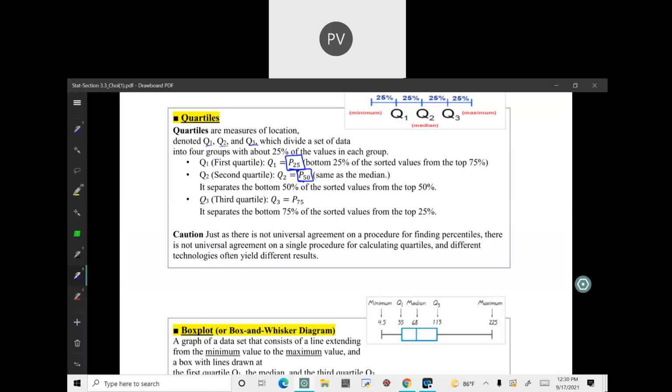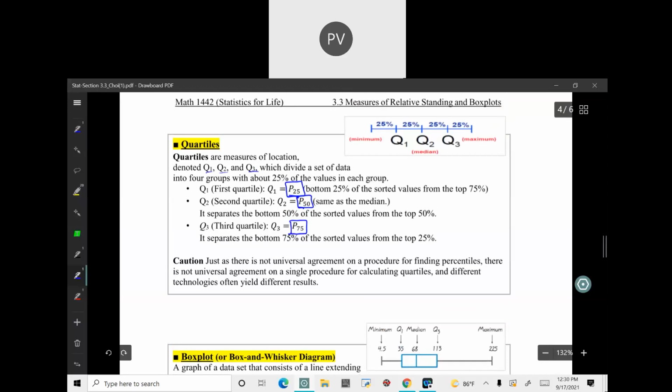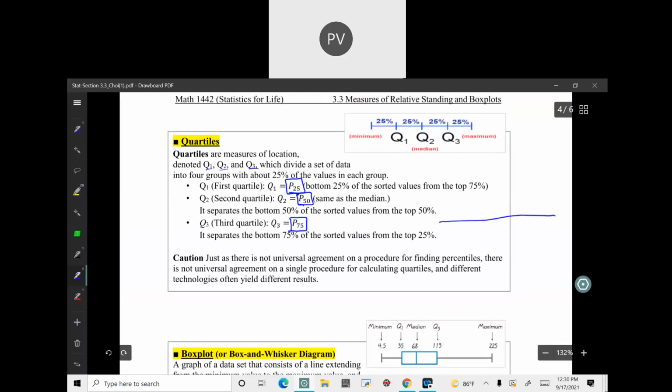Next you have Q3 and the percentile would be 75. Now how do we get all these data? Now remember, you have a data set like this. This is your starting value, which is minimum. This is your maximum value, and the middle value we call the median. This is the middle value, also called Q2, which is the 50th percentile.